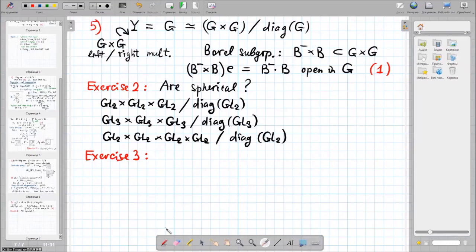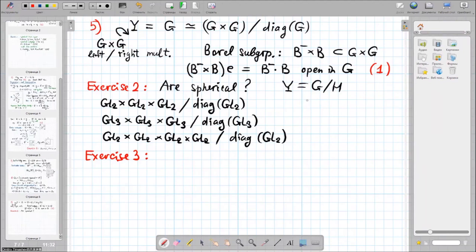Thank you. So what's the action in the 3 examples in your exercise? Well, these are just homogeneous spaces, spaces of the form G over H, as cosets.